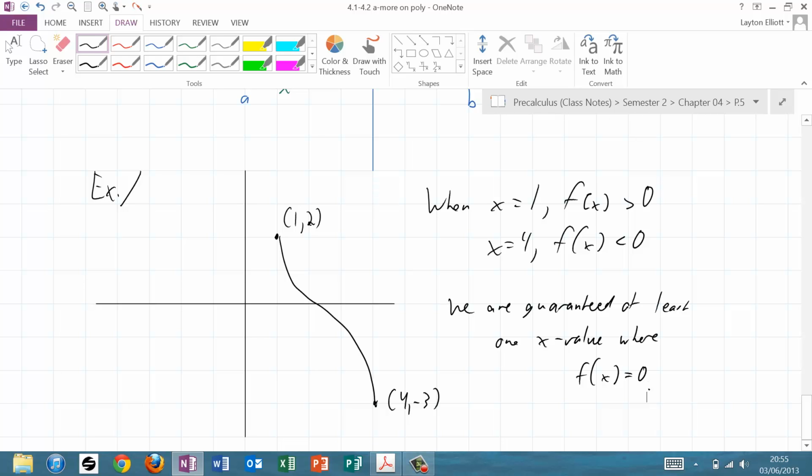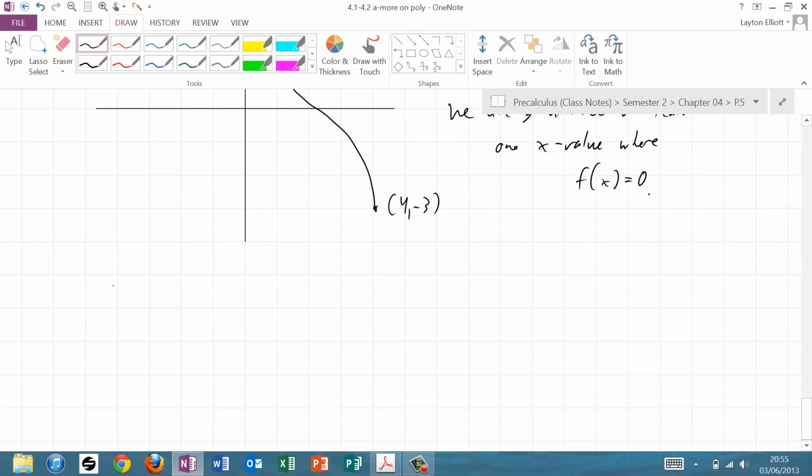So here's kind of the real gist of this. I'm going to rewrite this theorem. I know, I'm doing this 3 times, and this should tell you how important this is.